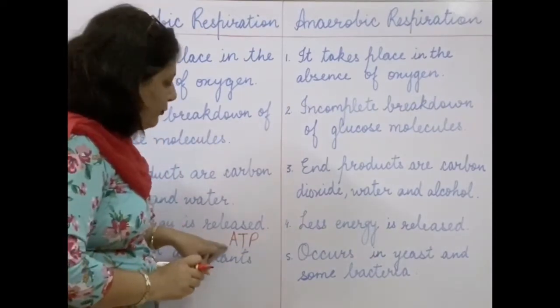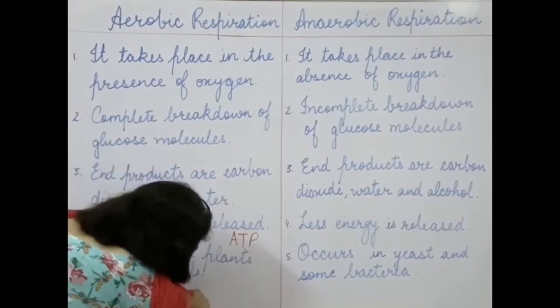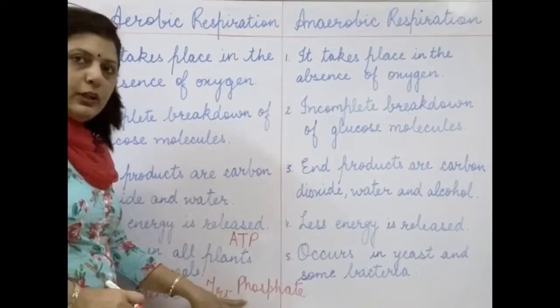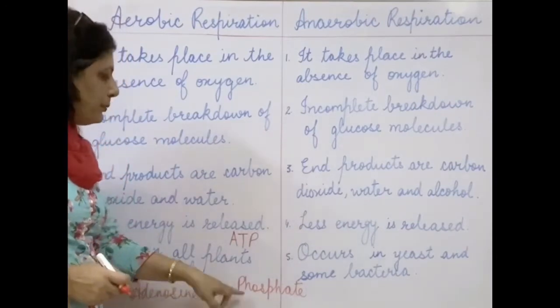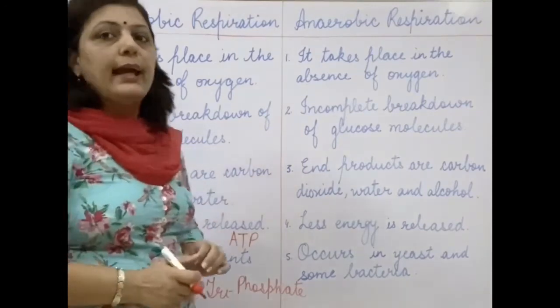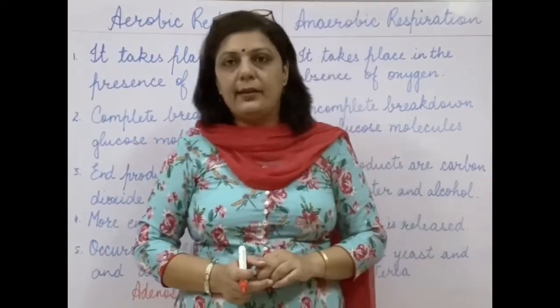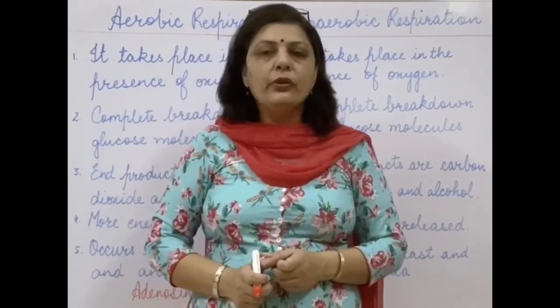The full form of ATP is adenosine triphosphate. Adenosine triphosphate is the molecule which is formed when breakdown of glucose takes place, and it is also called the energy currency of the cell. Means exchange of energy basically takes place in the form of ATP.